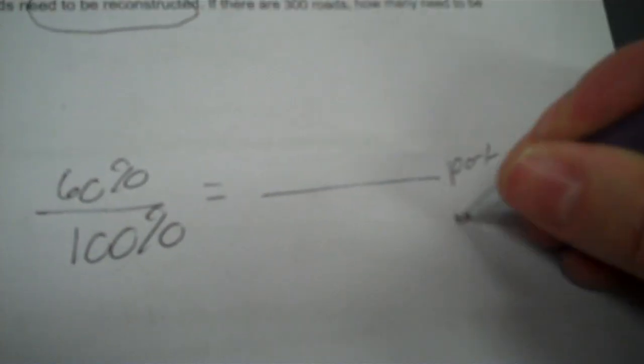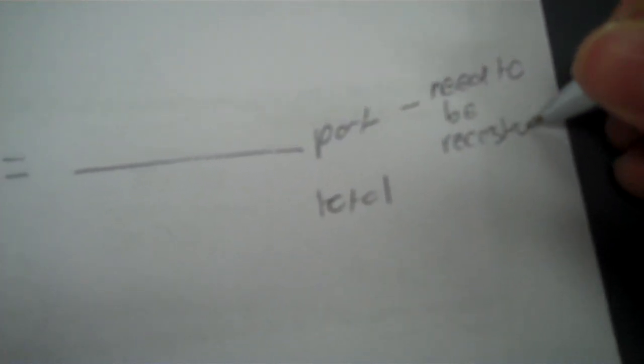60% of the roads need to be reconstructed. If there are 300 roads, how many need to be reconstructed? Okay, part, total. Part need to be reconstructed. Now, the roads I'm given in the problem. 60% of the roads need to be reconstructed.